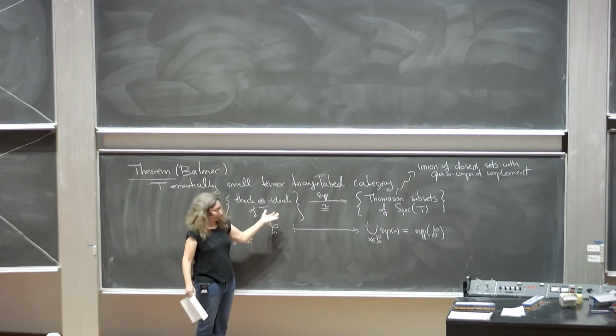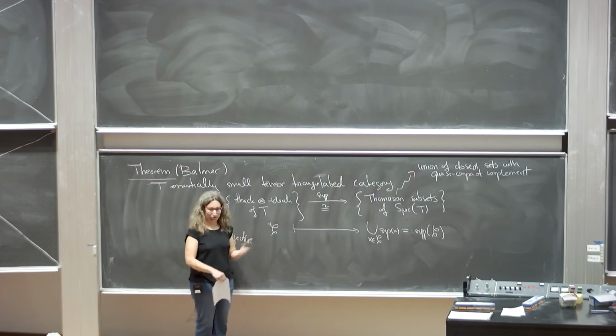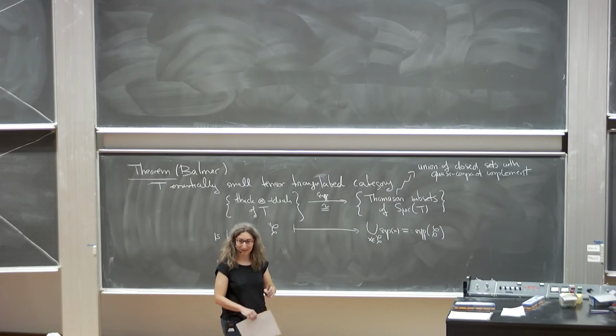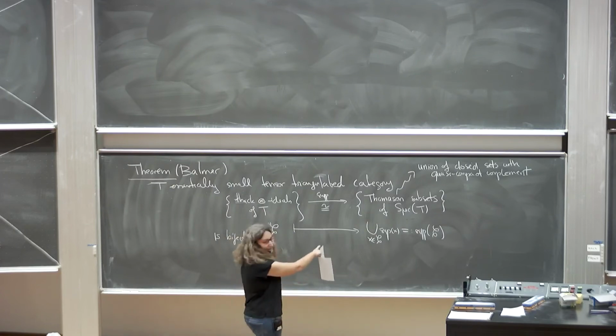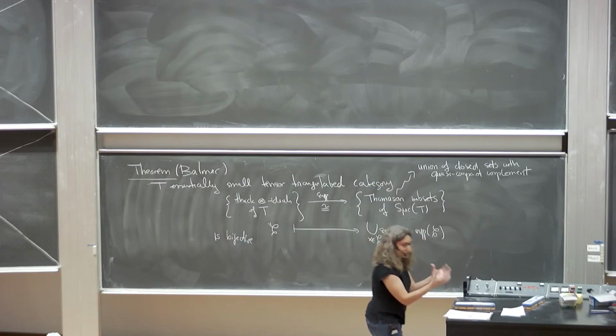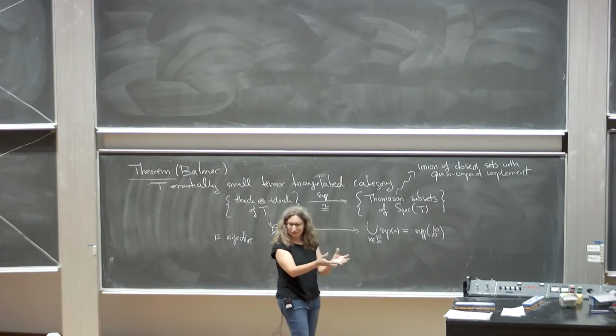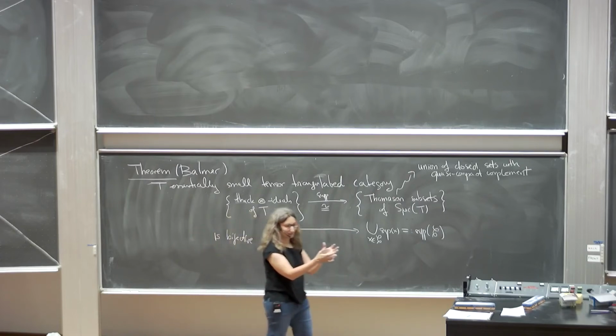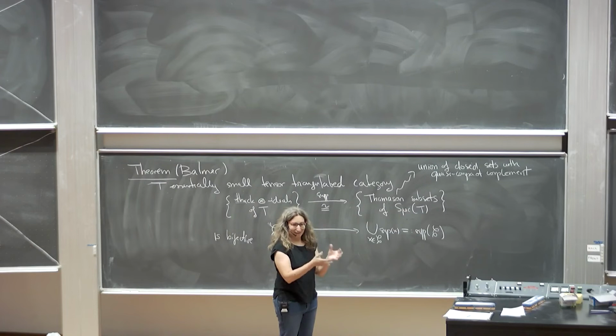So what's the job? You can think, well, that's all. We have a classification statement. The problem now is to describe the right-hand side. You know that there is a topological space which classifies thick tensor ideals in an essentially small tensor-triangulated category. But you would like to give it a name in the context you are working in. You want to identify this topological space with something you are familiar with.